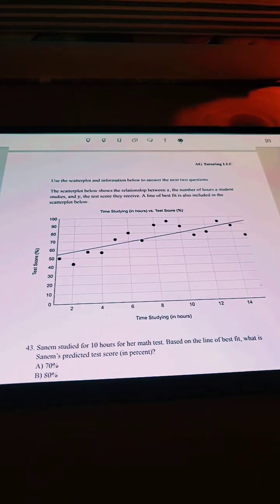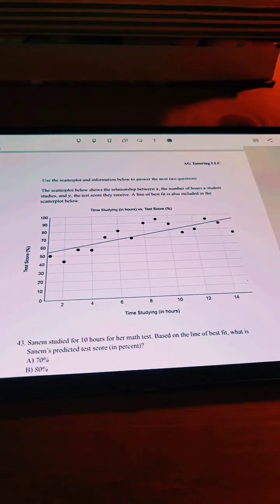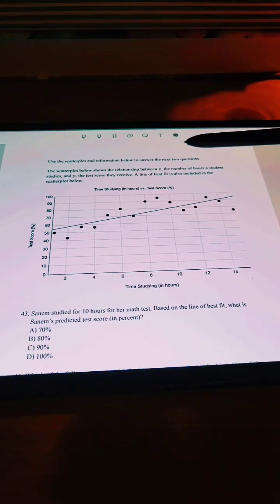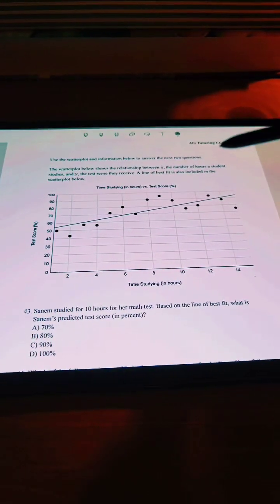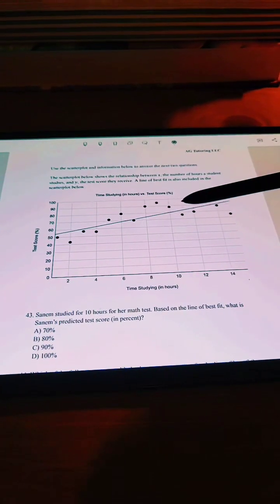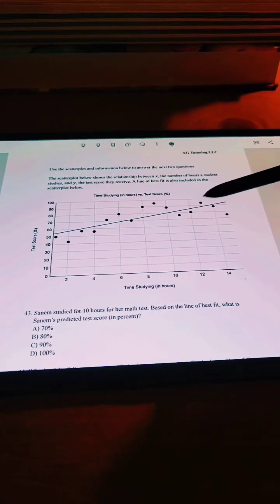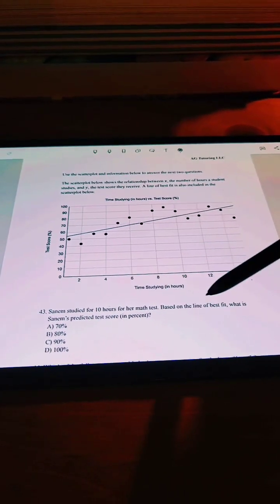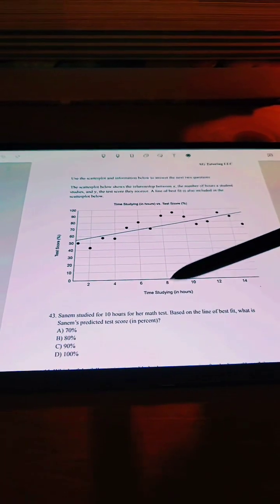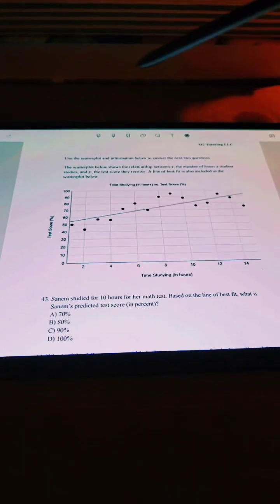Okay, so now for number 43. We're using this for the next two questions. So the scatter plot below shows the relationship between X, the number of hours a student studies, and Y, the test score they receive. A line of best fit is also included in the scatter plot below. Sanem studied for 10 hours for her math test. Based on the line of best fit, what is Sanem's predicted test score in percent?